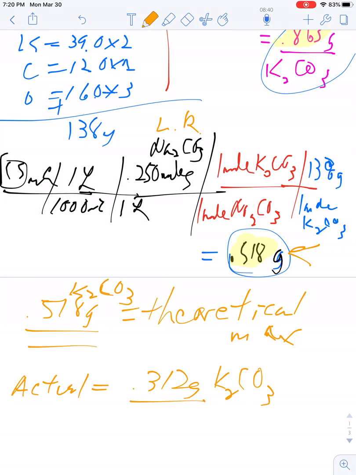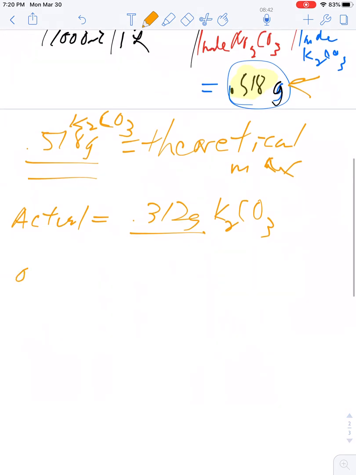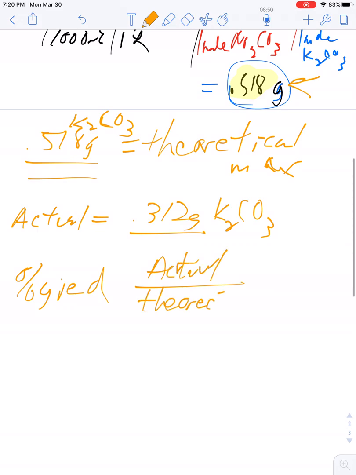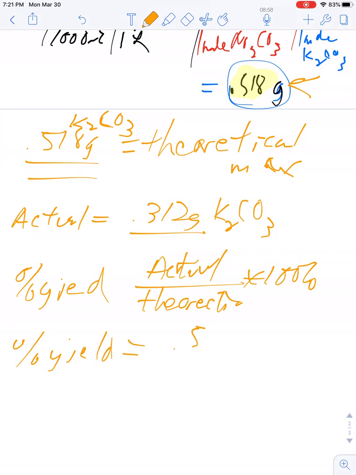So then the percent yield is what you actually got over the theoretical times 100%. So the percent yield would be 0.518, sorry, other way around, 0.312 divided over 0.518 times 100%.